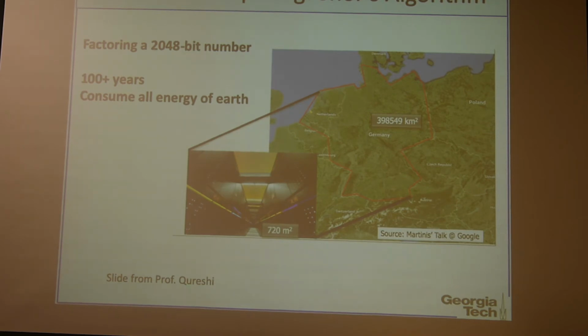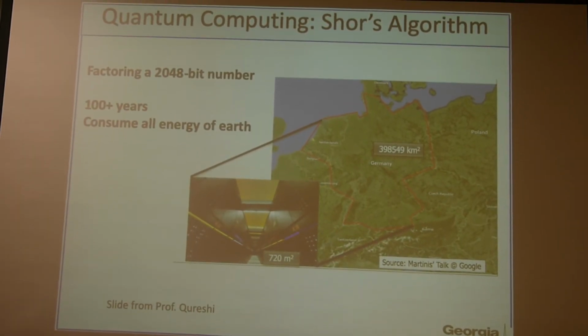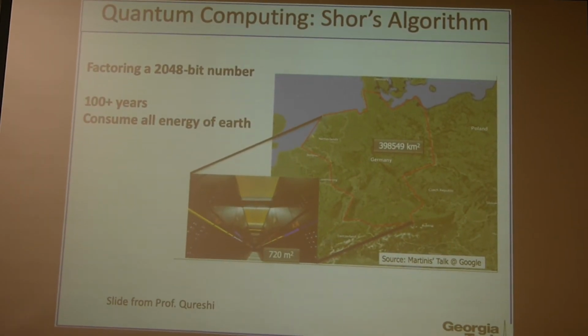That much computation power will be needed to factorize a 2048-bit number. All right. So you understand that you practically cannot factorize a 2048-bit number classically. Does it make sense? Is it clear?